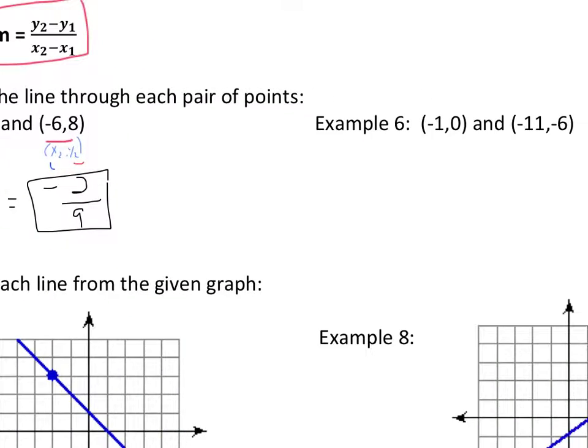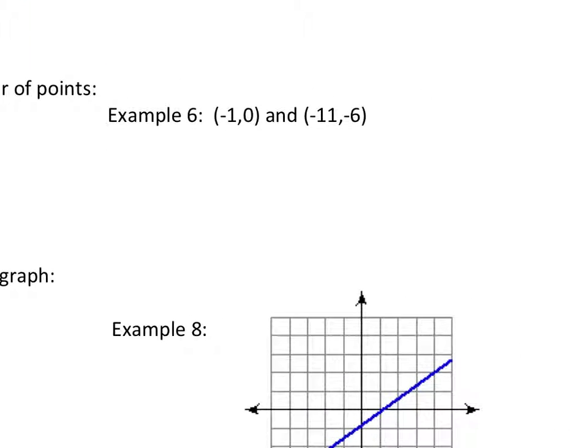Alright, the next one, again, doesn't matter which one, but let's call this one our first coordinate and this one our second coordinate. So I'm going to use this in blue. This is our second coordinate. So the formula says y2 minus y1. So y2 is negative 6 minus y1, which is 0.